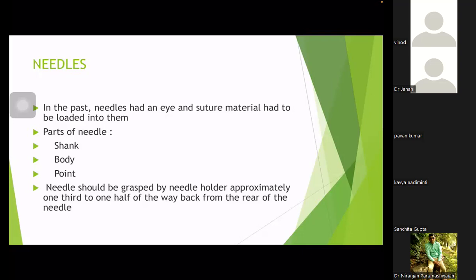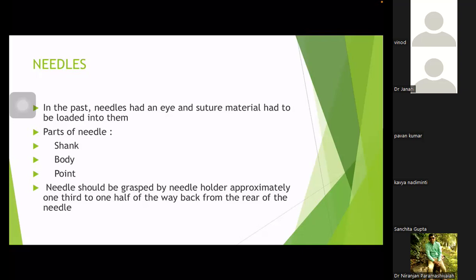Yes, sir. And if there is potential for the wound to get infected, will you use the PDS or will you use PROLENE? Sir, polypropylene, or even this one, the polyamide, sir.